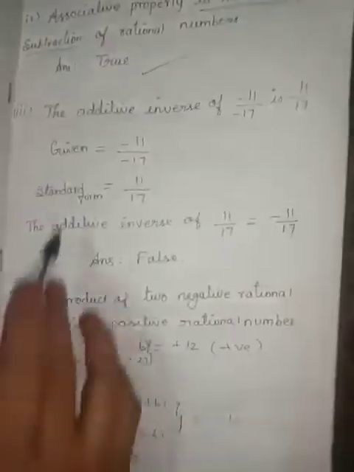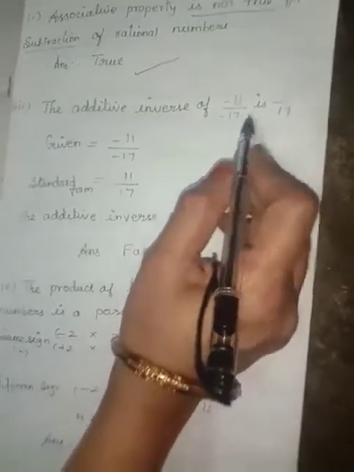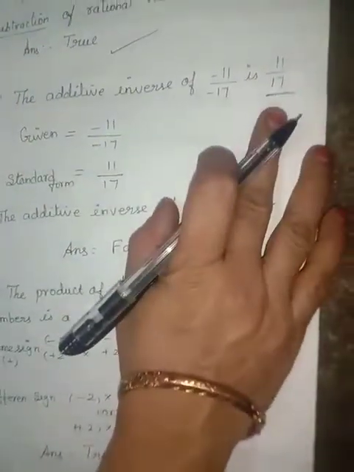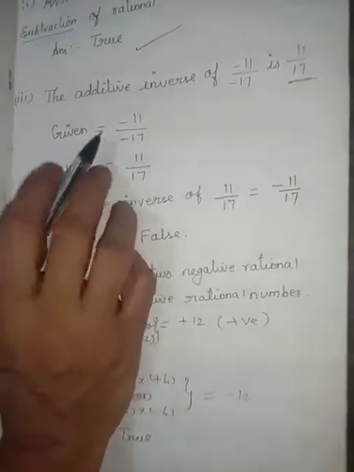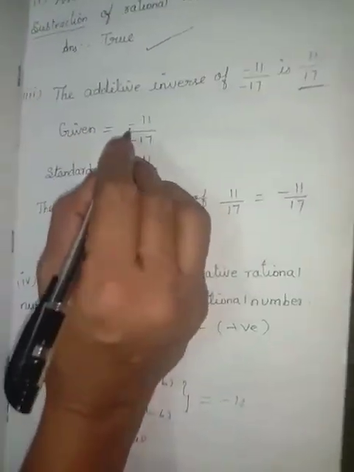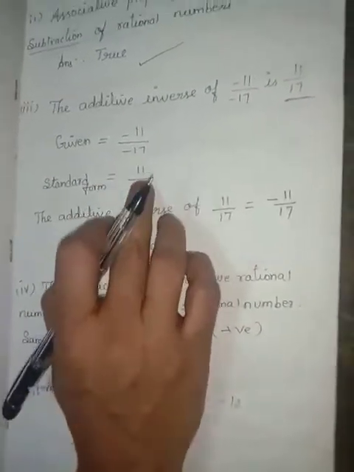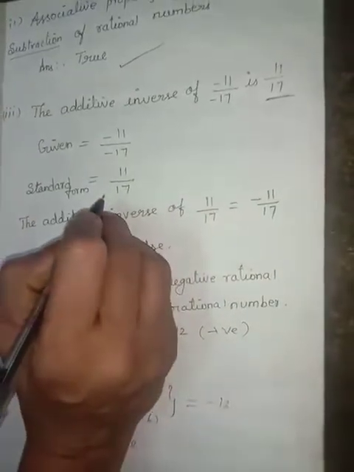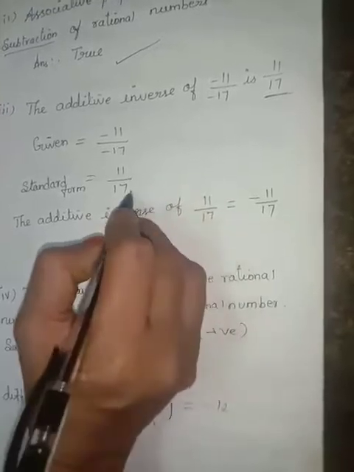The next one: the additive inverse of minus 11 by minus 17 is plus 11 by 17. First consider the given rational number equal to minus 11 by minus 17. It's not in standard form. To make it standard form, make the denominator positive, that is 11 by 17.